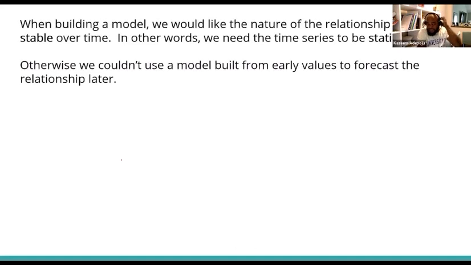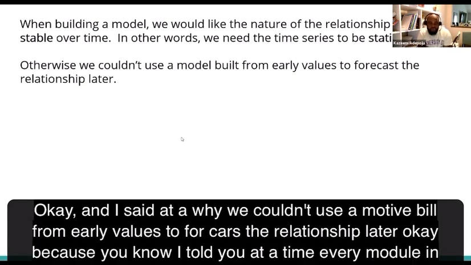I said when building a model, we would like the nature of the relationship to stay stable over time. Having the nature of the relationship stay stable over time is stationarity. That's going to be the assumption: the mean and the variance have to be constant over time. That's why we couldn't use a model built from early values to forecast the relationship later.